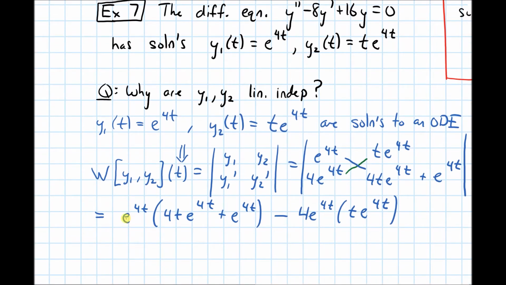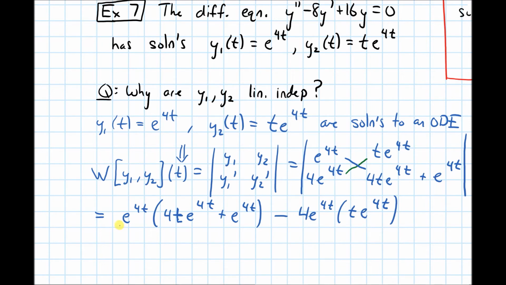If we distribute e to the 4t into the two terms in the parentheses, one of the terms will perfectly cancel with the 4e to the 4t times te to the 4t.